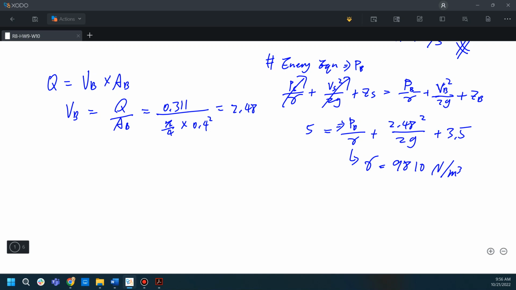And after you plug all those numbers in and use your calculator, then you can solve that PB is equal to 11654 Pa, which is 11.65 kPa.